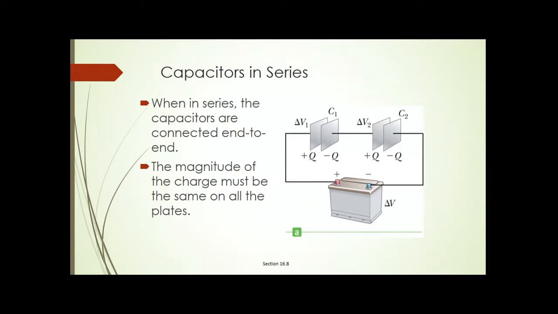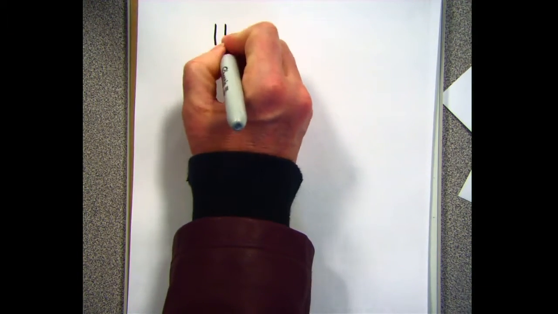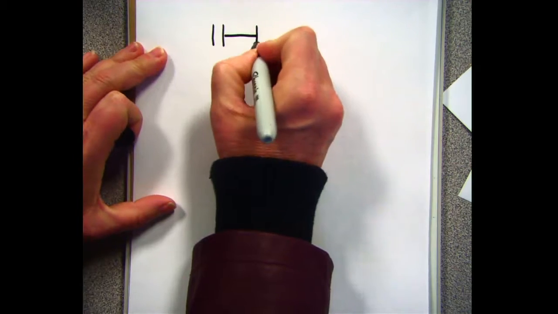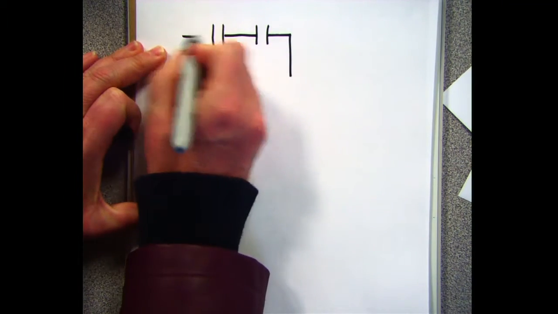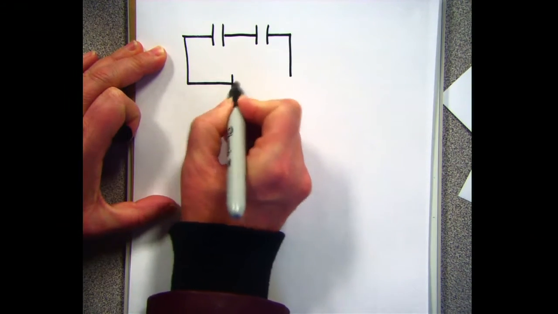So I'm going to go ahead and do the math this time first, and then show you the pictures. What we just said was this, that when I'm in series, here's my battery. This becomes positive, this becomes negative, this positive, this negative, this positive, this negative.